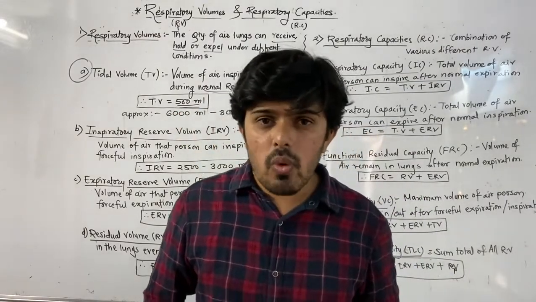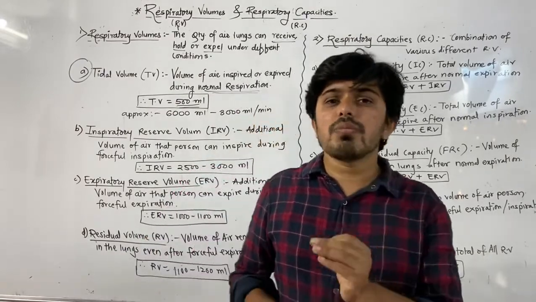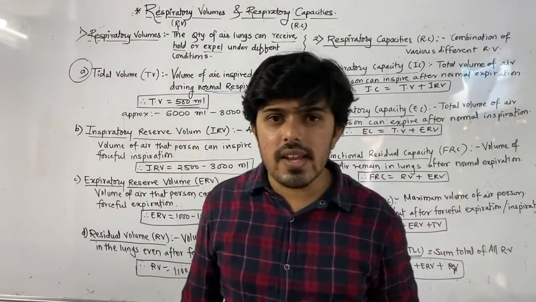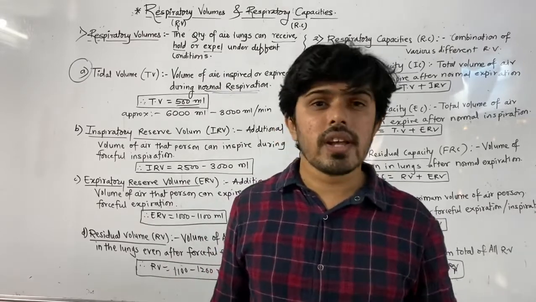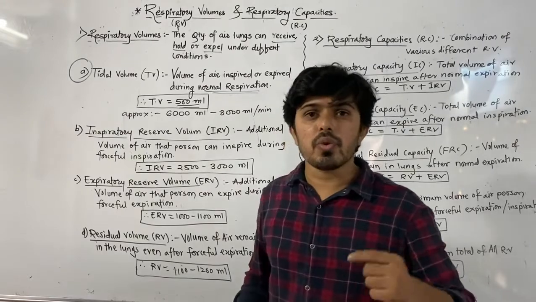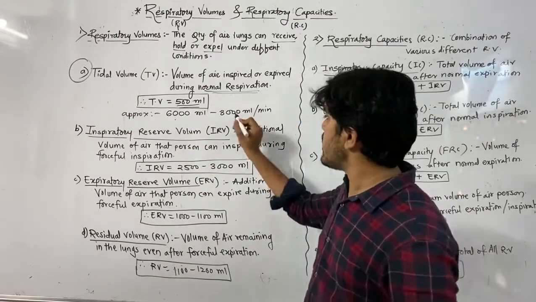Per breathing means once you inspire and expire. That is a single breath. During a single breath, the normal tidal volume is 500 ml. As I said, a normal human breathes 12 to 16 times a minute. So if you multiply 500 by 12, you will get 6,000. You multiply by 16, you will get 8,000.